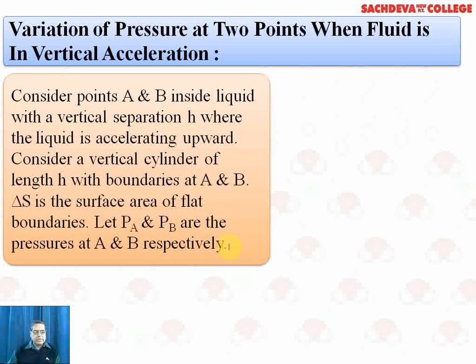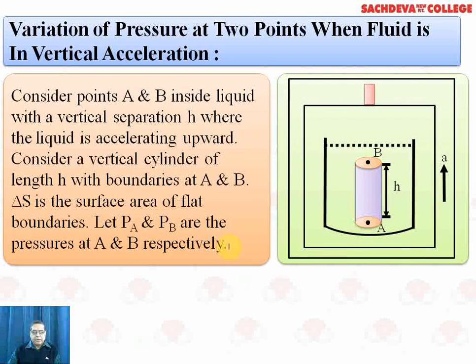Before proceeding to the next concept, the figure is to be checked. There is a system in which we are taking A and B as 2 points in the fluid. The distance between the 2 points is h.